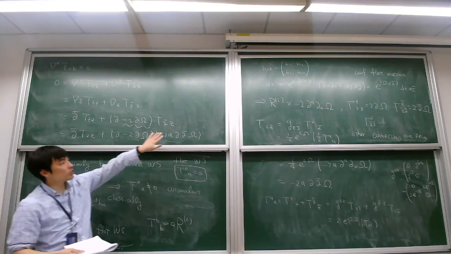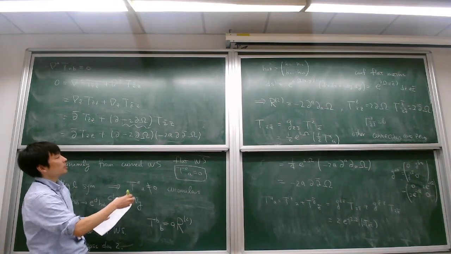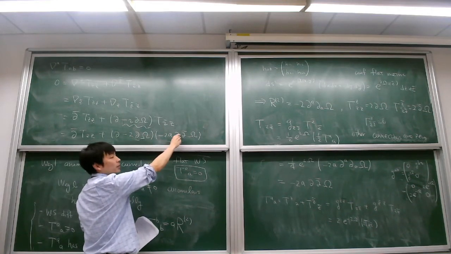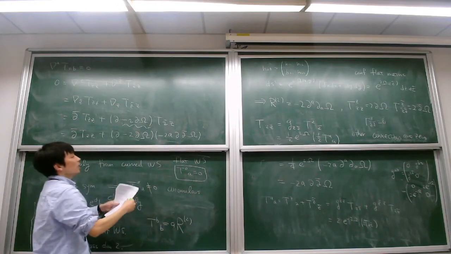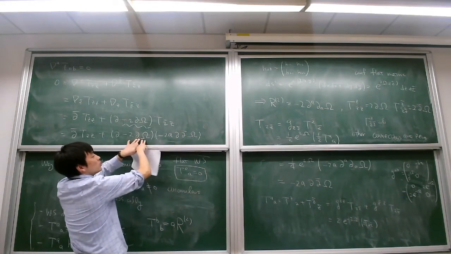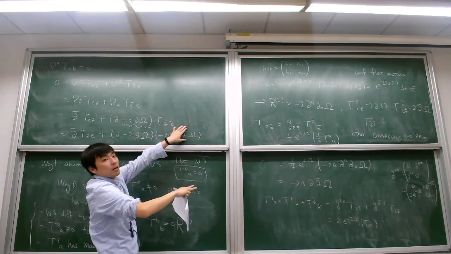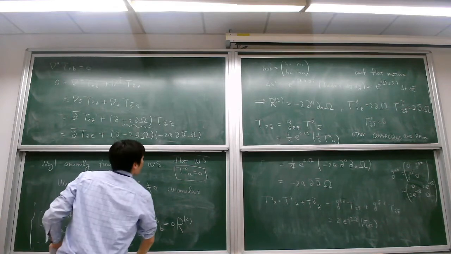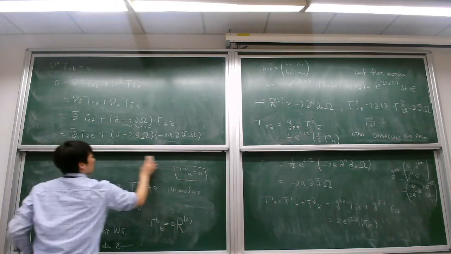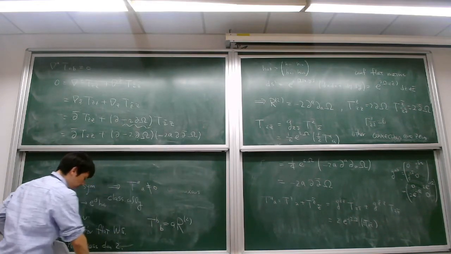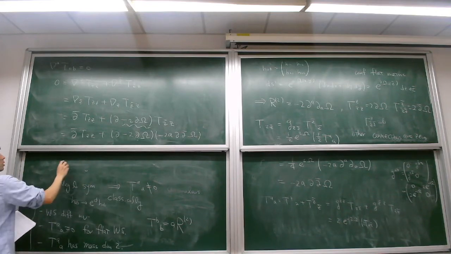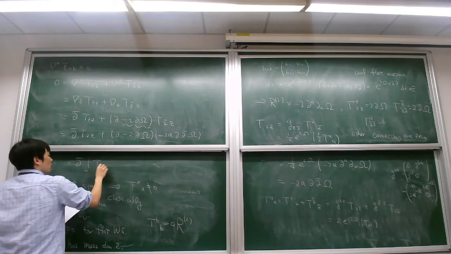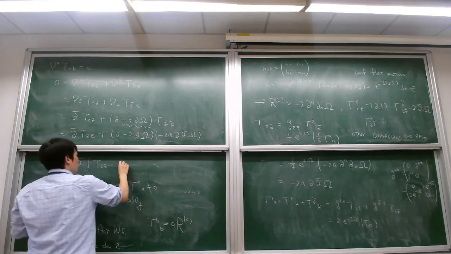This one acts on here, but as you can easily see, in the first one you have two holomorphic derivatives and one anti-holomorphic derivative, and in this one you have two same quantities, but one has an anti-holomorphic derivative. Therefore, this can be simplified to the following form: T_ZZ minus 2A.